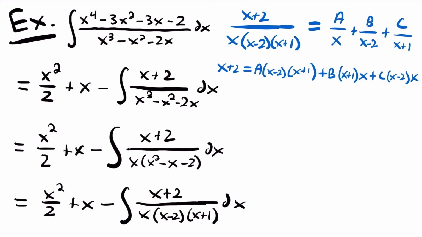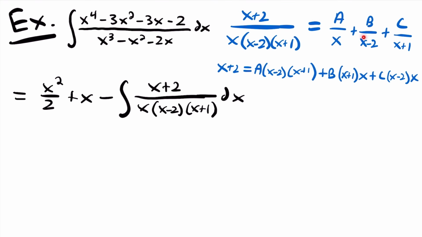Now if I clean up my work a little bit, since we're working with all linear factors, we can go back to our original method of just picking convenient values of x to plug into our equation to be able to solve for a, b, and c. And so let's start with plugging in 2 for x, because I see we have a factor here of x minus 2. So if I make x equal to 2, then this whole term will become 0.